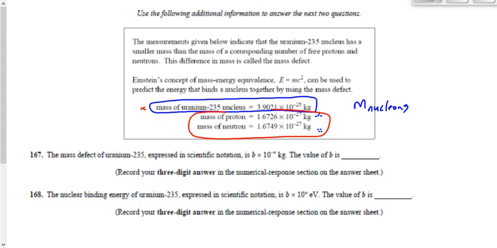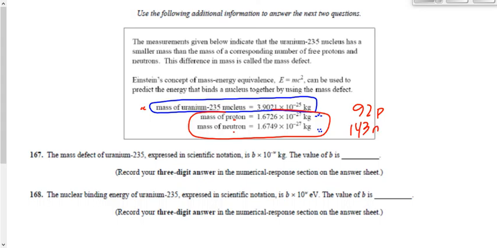What makes up this nucleus of uranium-235? It is not a proton and a neutron. What is it? A proton and neutron don't make up a nucleus. What makes up a nucleus? How about 92 protons and 143 neutrons?